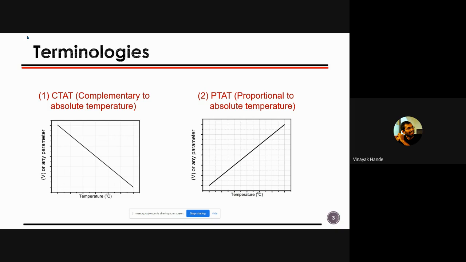The x-axis is the temperature, the y-axis is the voltage, so you can see that voltage falls as temperature increases, so we can say that it is complementary to absolute temperature. And the second one is PTAT. It is exactly opposite to CTAT, where voltage is increasing with temperature. So just keep in mind that CTAT means falling and PTAT means rising, right?